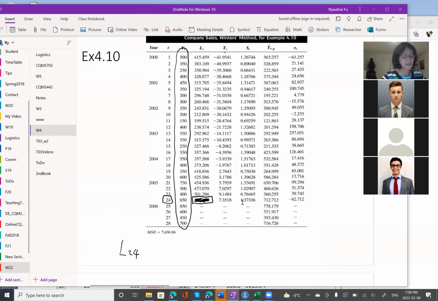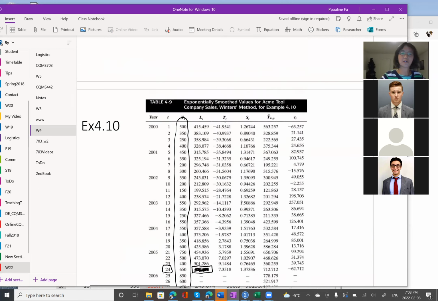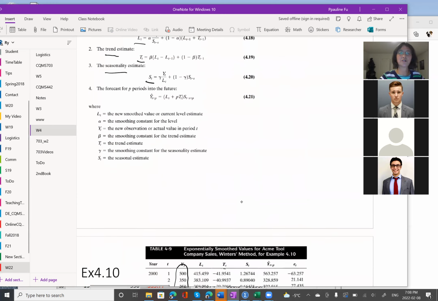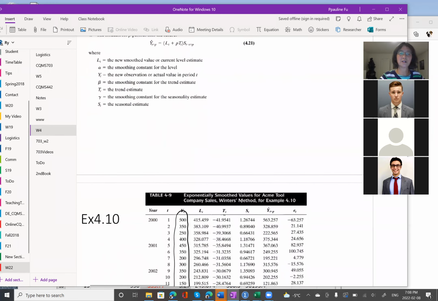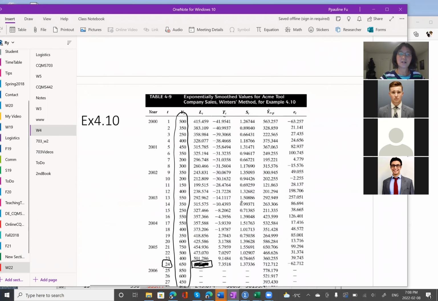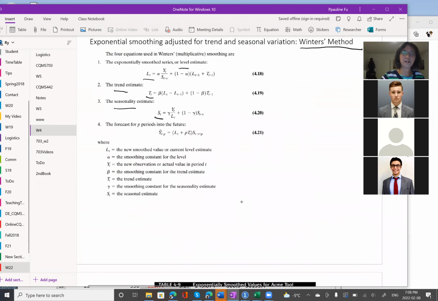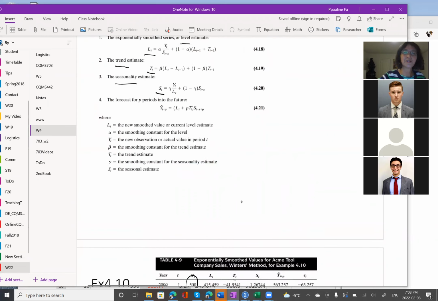I have no way to show you the formula and the calculation at the same time, but I'll try. Copy down this formula here, the formula for LT. Try to go slow.